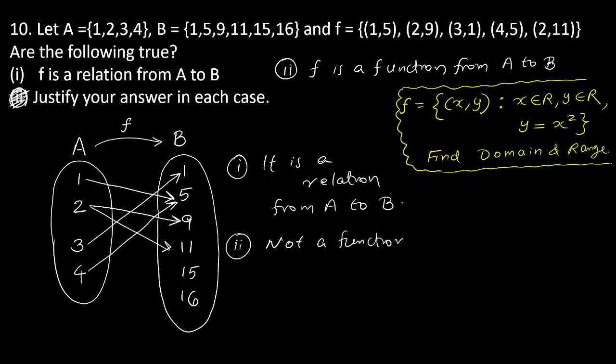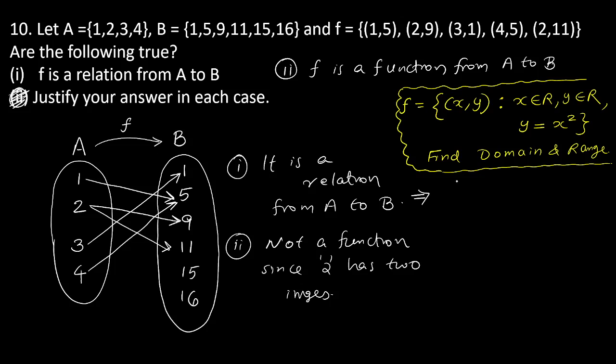Reason you can write. The reason is, what is the reason? Since 2 has 2 images. That is the reason. For the first one, what is the reason? For the first one, because we are relating. Understood?